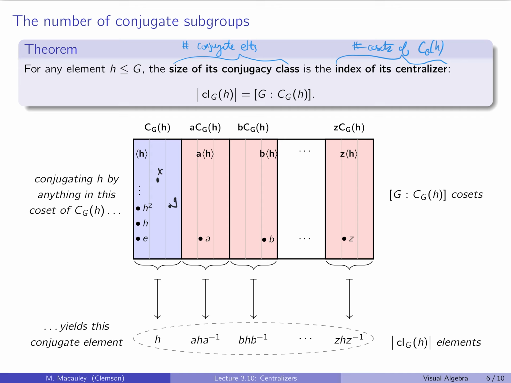So if you conjugate h by any of these, because they commute, you just get h. Over here, these things do not commute with h, but I claim that if we take any two things in this coset, so we have a here, maybe an a1 here, then we will get the same element. So in other words, a1 h a1 inverse equals a h a inverse.